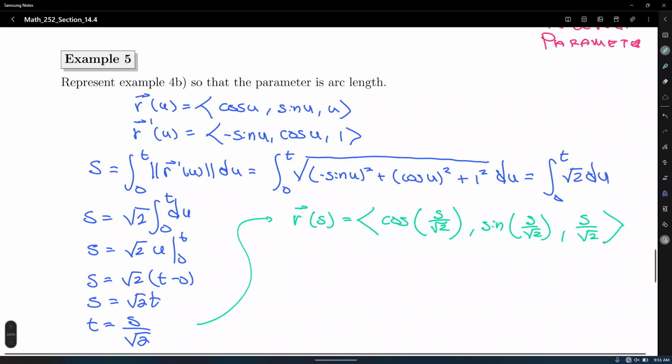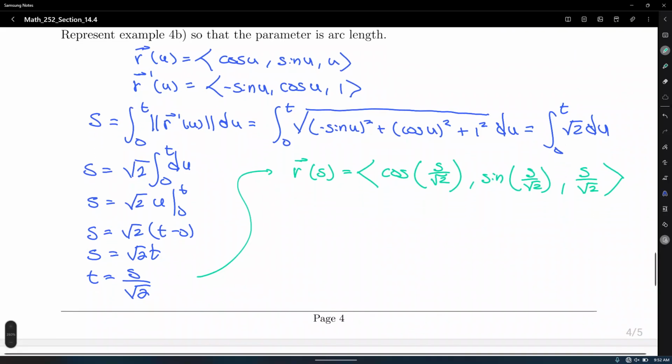So that is our vector valued function with a different parameter, but this time it will parameterize distance or arc length, not time anymore.